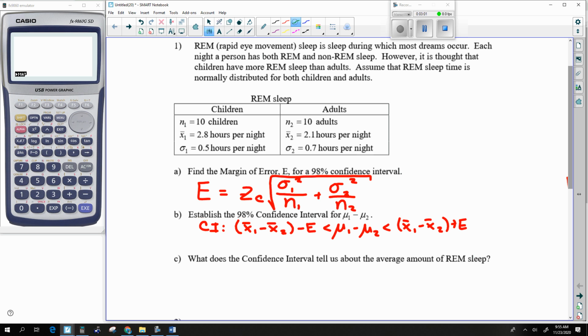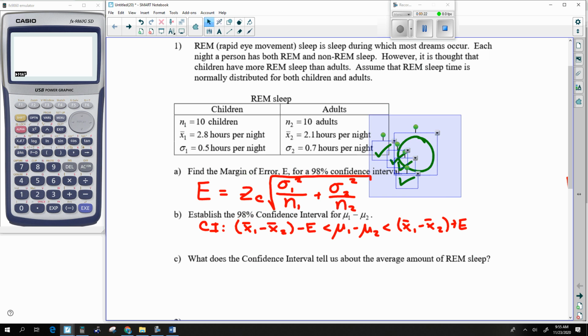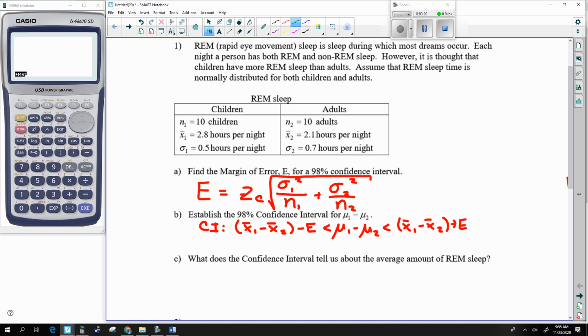So let's go ahead and begin this problem. We have the majority of the variables that we need. We have the sigma 1, we have N1, we have sigma 2, we have N2. The only thing that we don't have is that ZC. I know it's been a little bit since we've done a problem like this, but recall that you get your ZC from the Z table, but it's mostly stemming from the confidence.